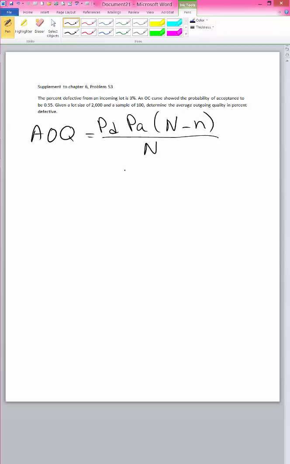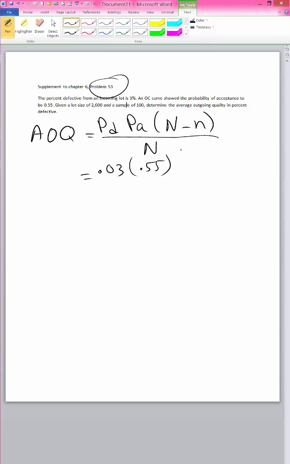So in this problem 53, it says the percent defects from an incoming lot is 3%. So percent defect, that would be P sub D, that's 0.03. An OC curve showed the probability of acceptance to be 0.55. So that's P sub A, and that's 0.55.